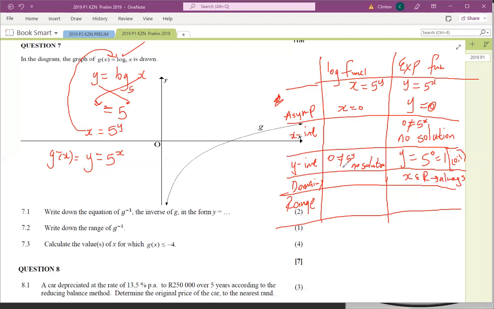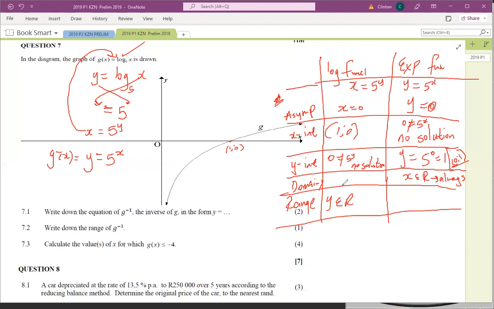Then your y-intercept from this side becomes your x-intercept: you just switch the point. Your x-intercept will be (1; 0). Then my domain here becomes my range: y is an element of the real numbers. Remember, range is y values.